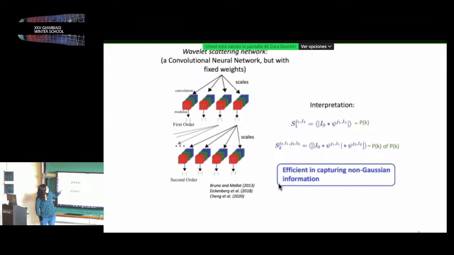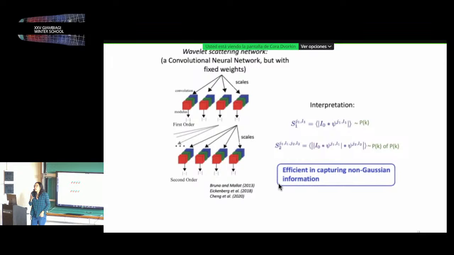You take a convolution, you have different scales, you take another convolution, and so on. But the difference is that the scattering transform uses a preset library of kernels, which are the wavelets.